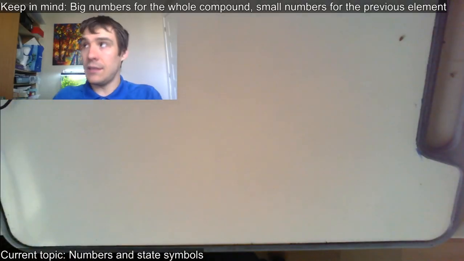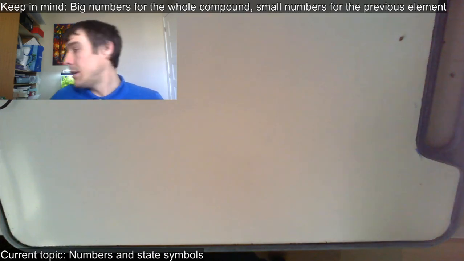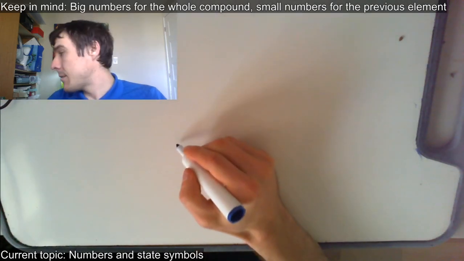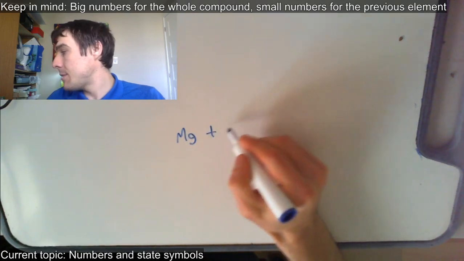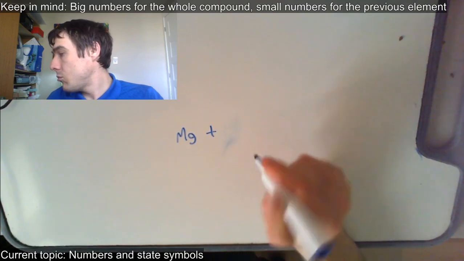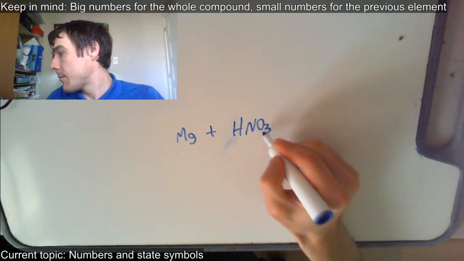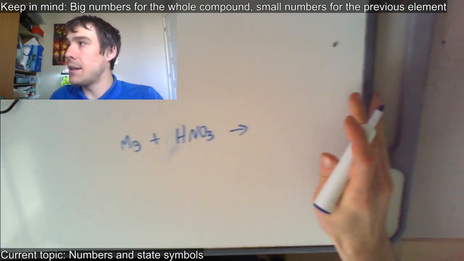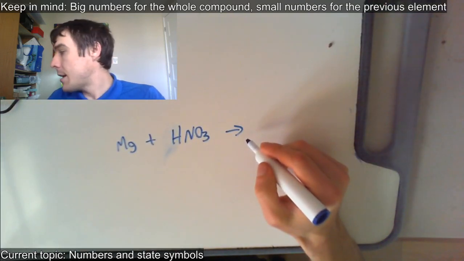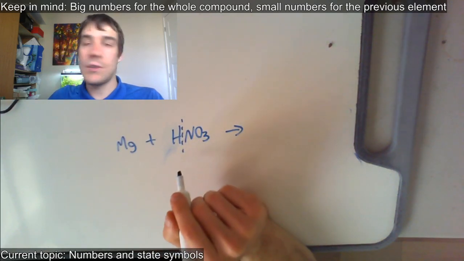So let's put up an equation, and we'll explain why it's important. Let's do Mg plus HNO3. Let's make it a little bit complicated. Here we have what you might call hydrogen nitrate.